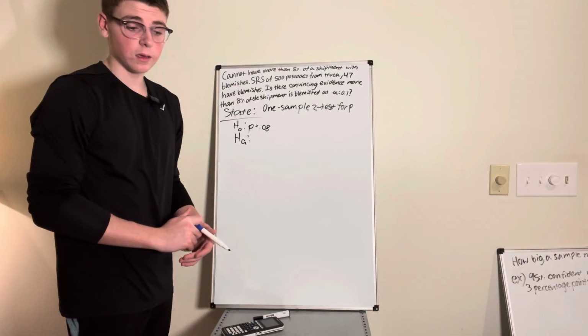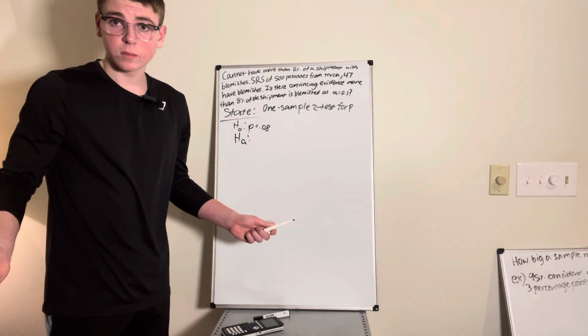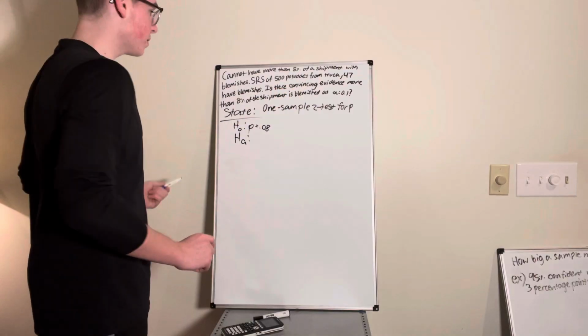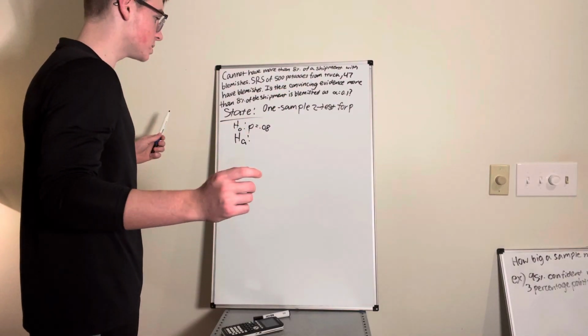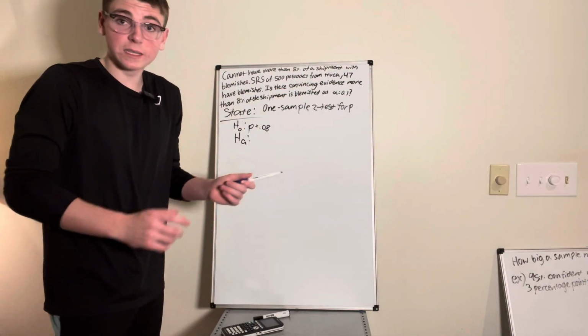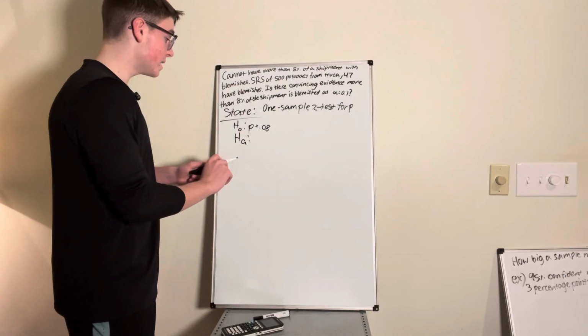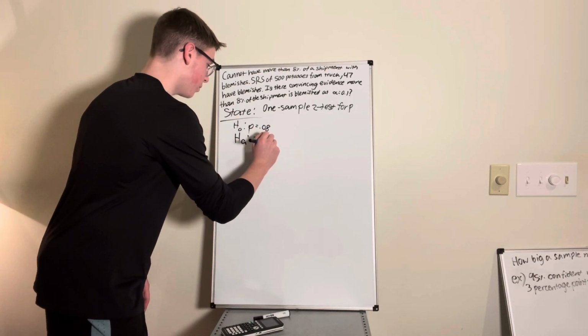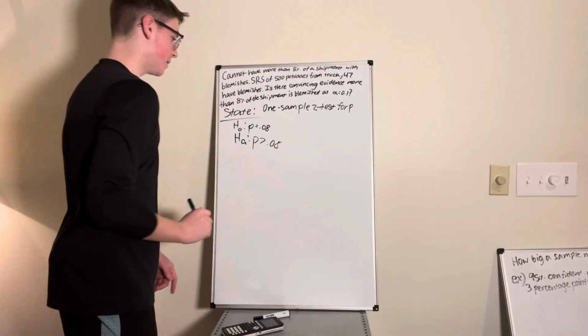So we're going to say, okay, maybe the proportion is 0.08, right? And then here we're saying, is there convincing evidence that more than 8% of the shipment is blemished? So we're saying, is there convincing evidence that P is actually greater than 0.08? So greater than 0.08, right?